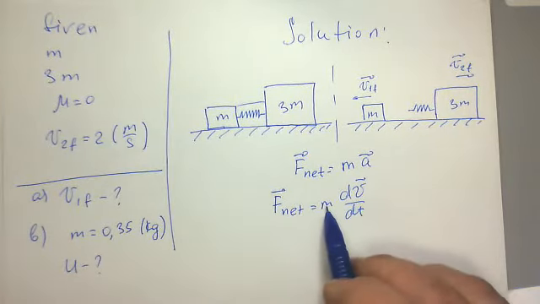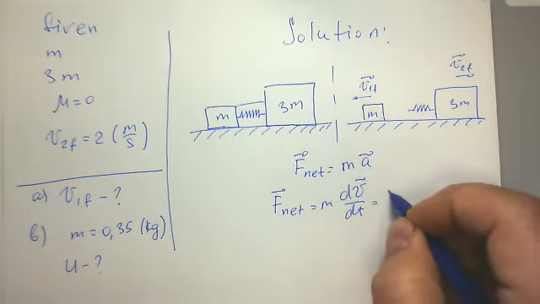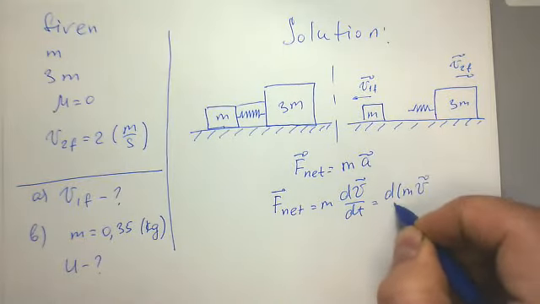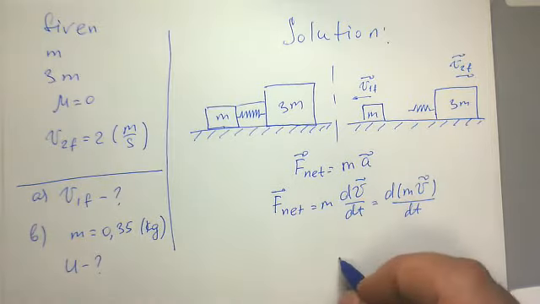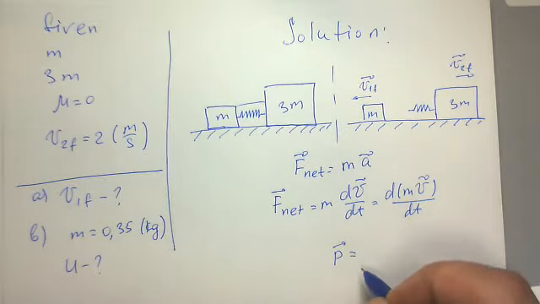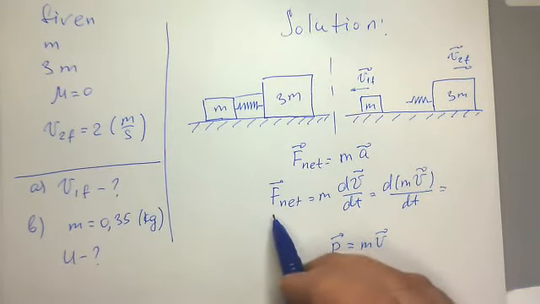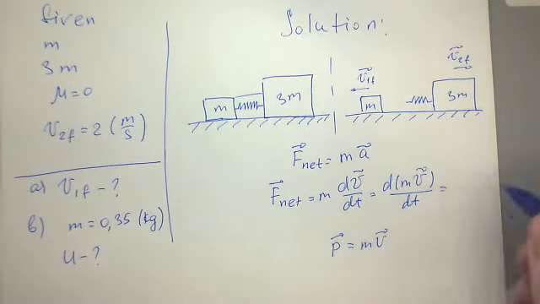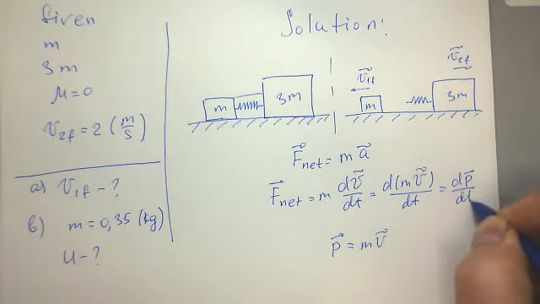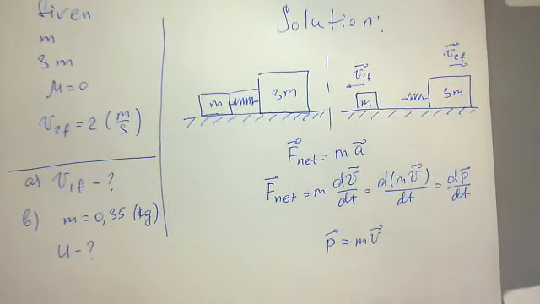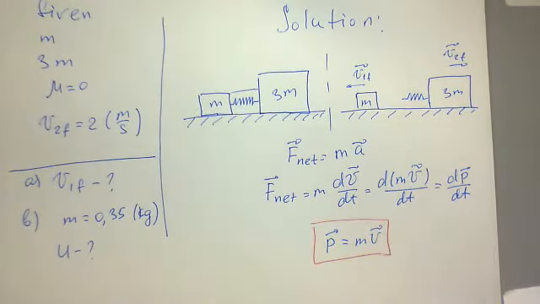Mass is a constant, so we can place this m inside, which gives us d(mv)/dt. Okay, and if we introduce a new parameter called momentum, which is equal to mv, then the force introduced into the system will lead to the change of momentum with respect to time. That's just to remind you of the concept of momentum.